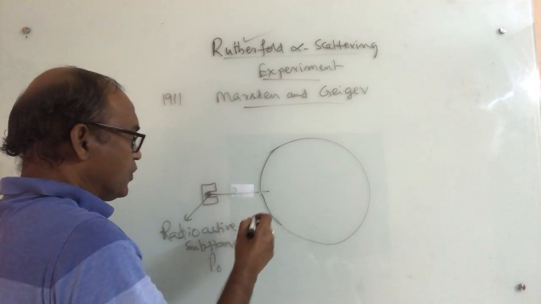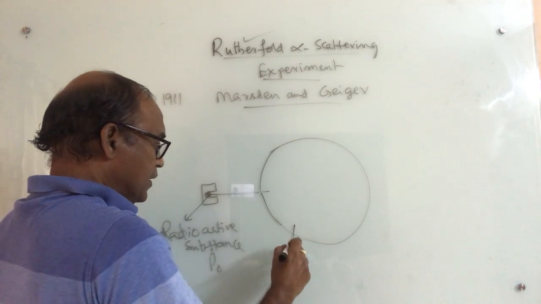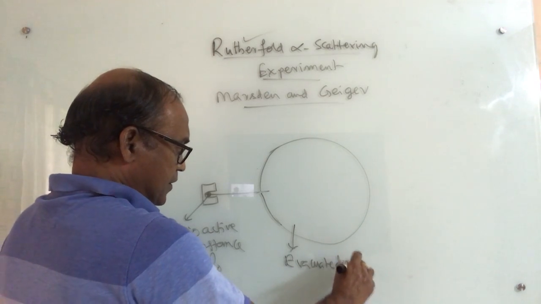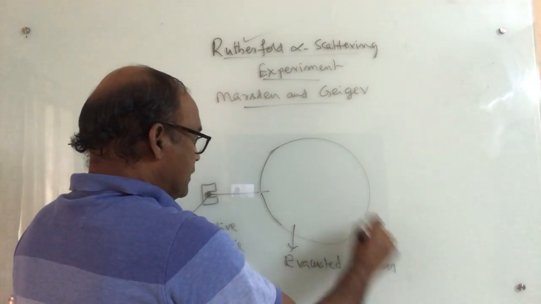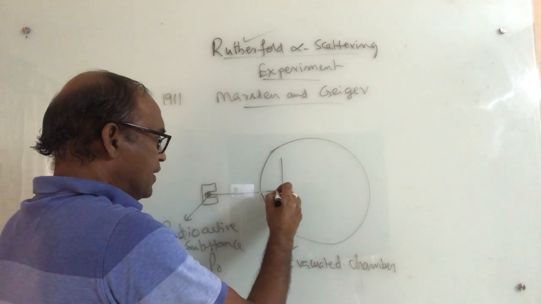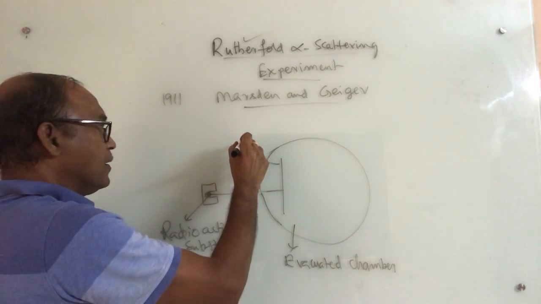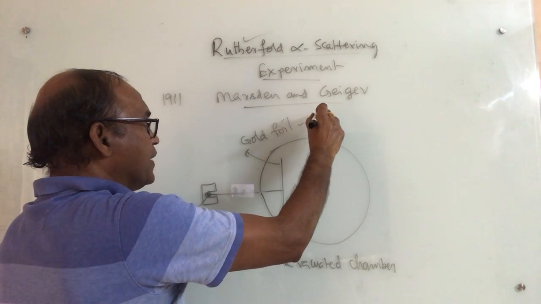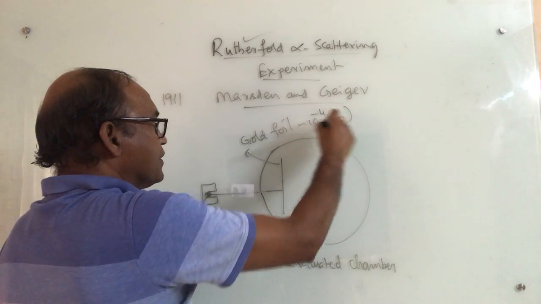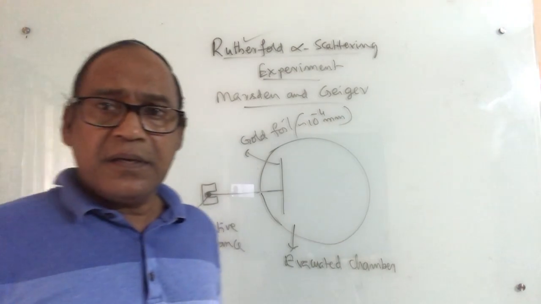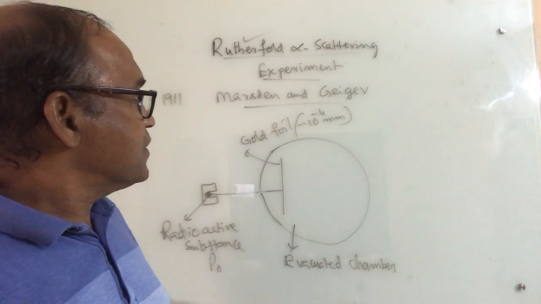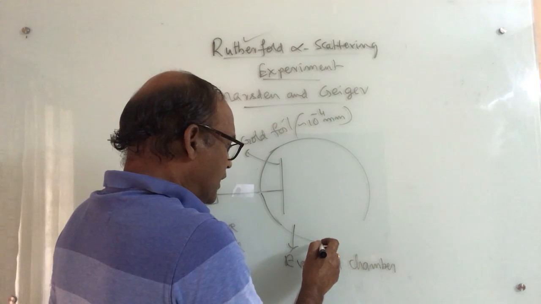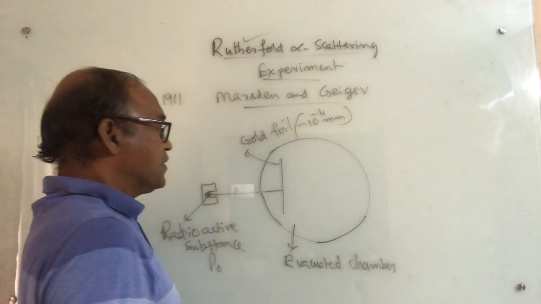These alpha particles are allowed to pass through the pinhole of the evacuated chamber, in which there is a very thin gold foil of nearly 10 power minus 4 mm thickness. Any other metal can be used, but why was this metal selected? Its highly malleable nature, so we can make it into a very thin sheet.